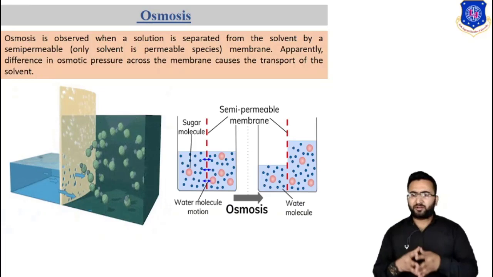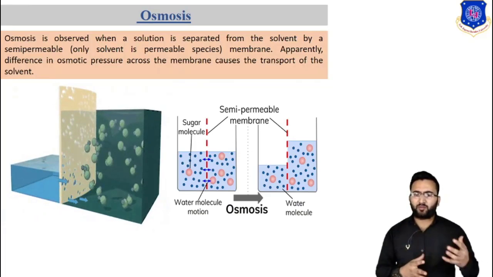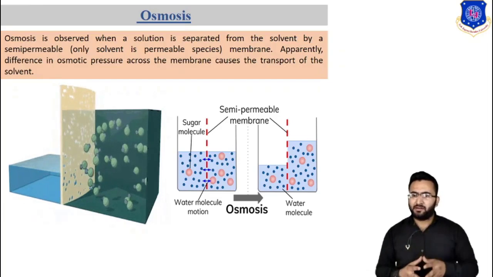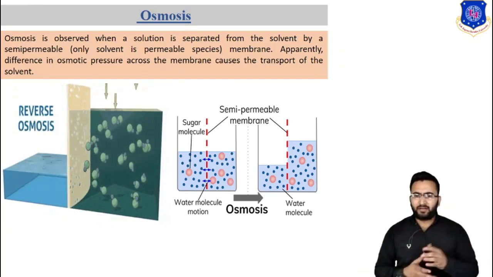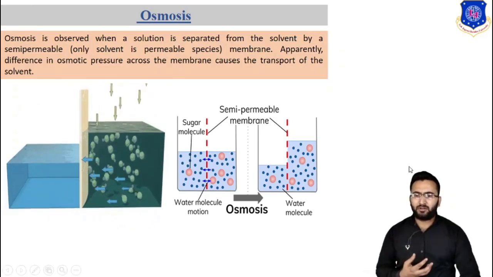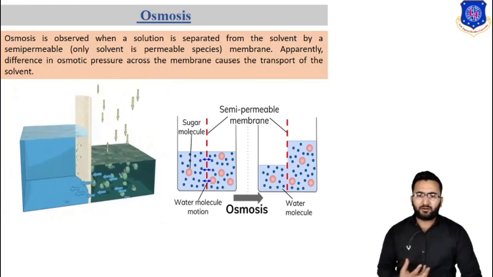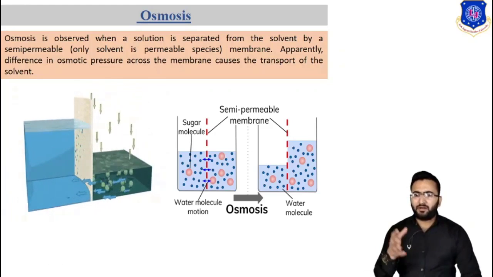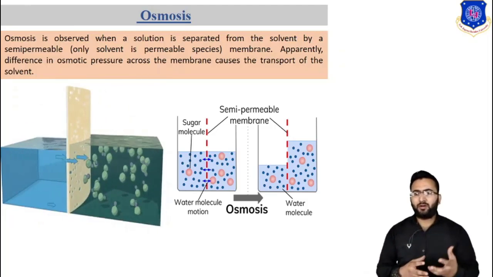Therefore, the concentration gradient of solvent is the main driving force in osmosis. In this case, solvent flows from the solvent side to the solution side until the solvent activity becomes almost equal on both sides. This results in generation of a hydrostatic pressure difference between the two sides, which is known as the osmotic pressure. So this is all about osmosis.